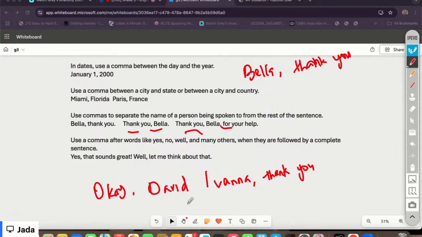So we also have use commas after words like yes, no, well, and many others when they are followed by a complete sentence. So for example, if you want to say "No, I haven't eaten." Okay, you have to make sure that you put a comma in between words like no, yes, well, and the remaining sentence.